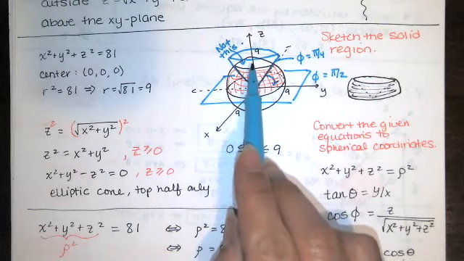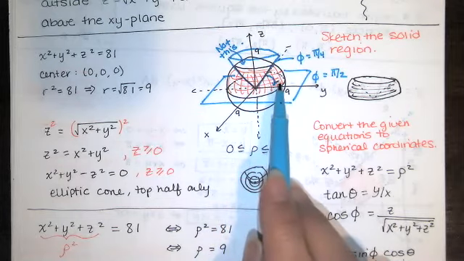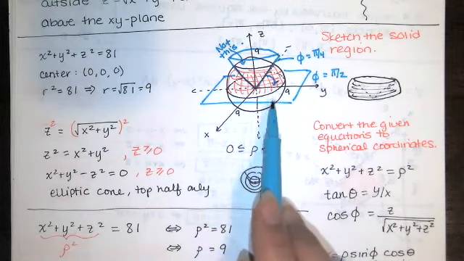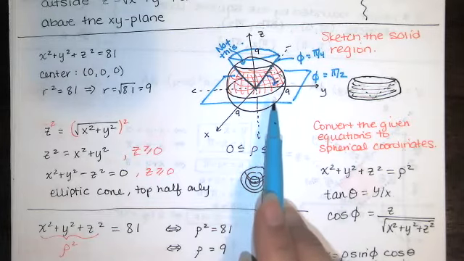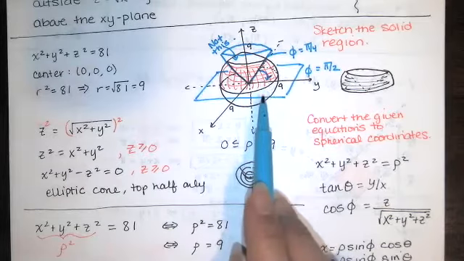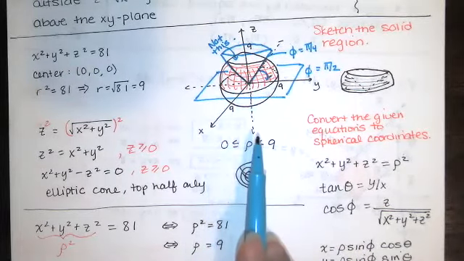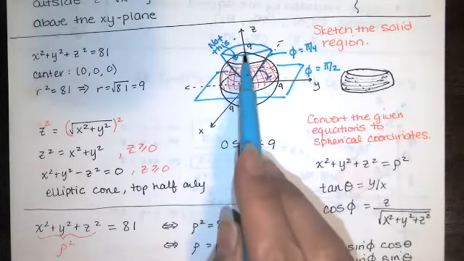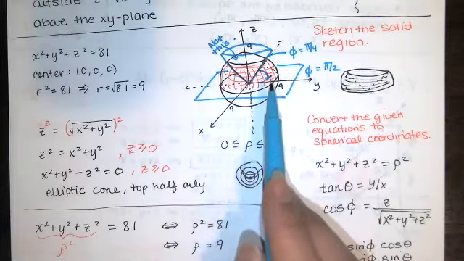So phi equals 0 is here, phi equals pi over 4 is here, phi equals pi over 2 is the entire xy plane, phi equals 3 pi over 4 would be pi over 4 radians this way, and then phi equals pi is all the way down here on the negative z-axis. So if we're going from the positive z-axis to the xy plane, we're going from 0 to pi over 2.